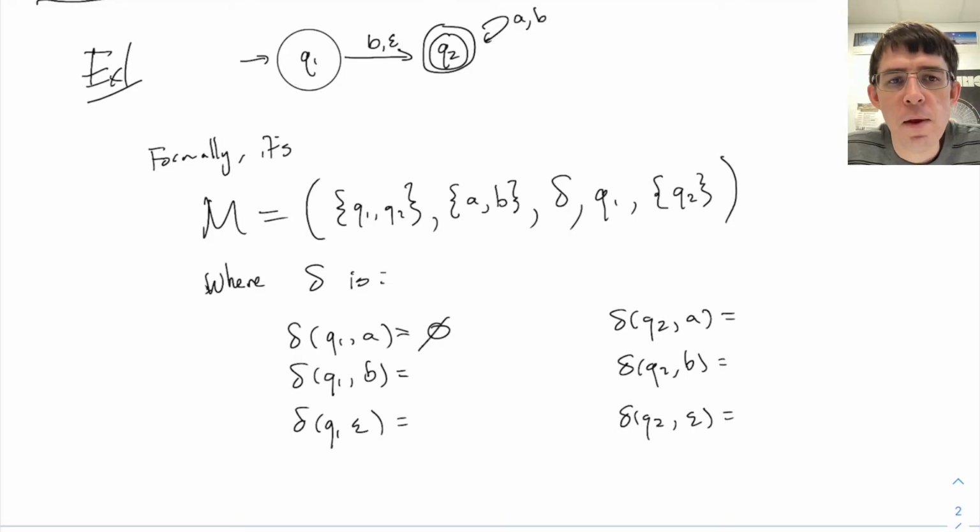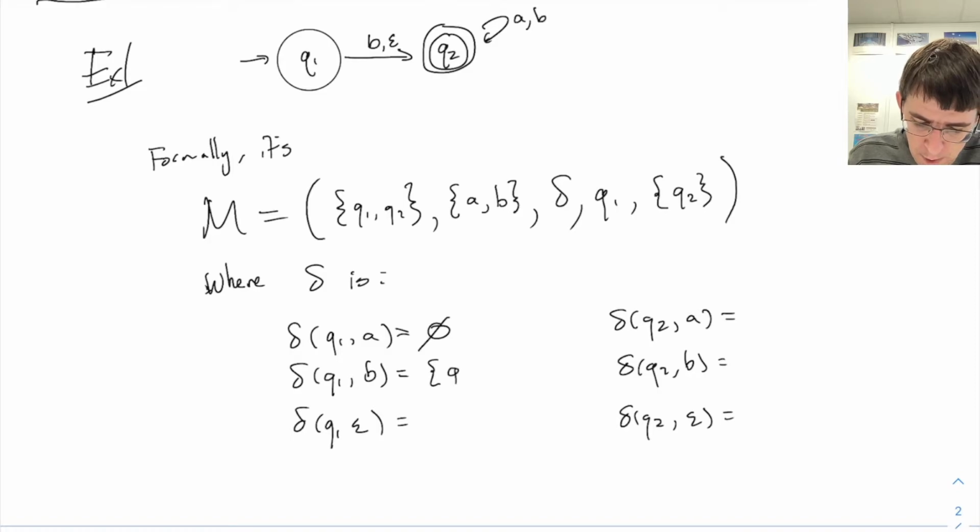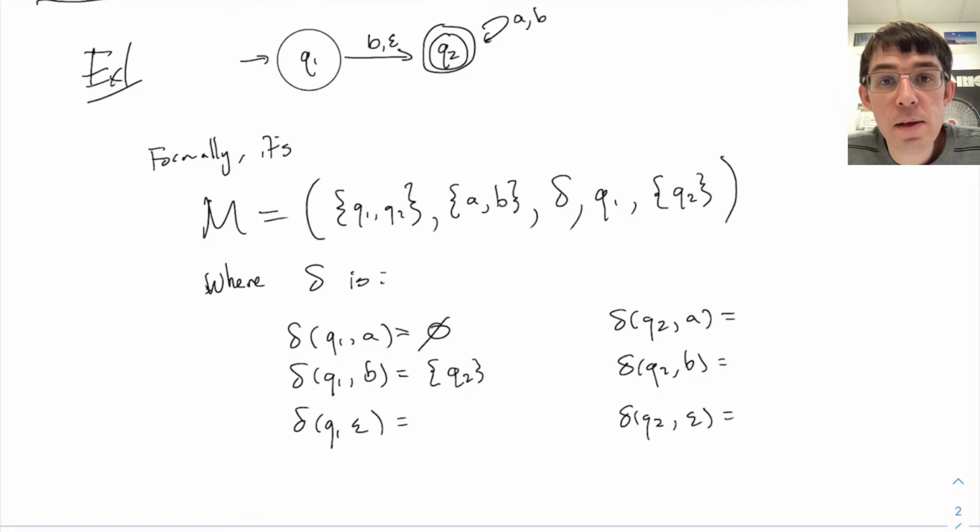That looks better. The empty set. There are no transitions from state Q1 using an A. Okay. Delta of Q1 and B. That means, you look here, where can I get to by doing a B from state Q1? And the answer is Q2 is where you go. I say the set containing Q2.